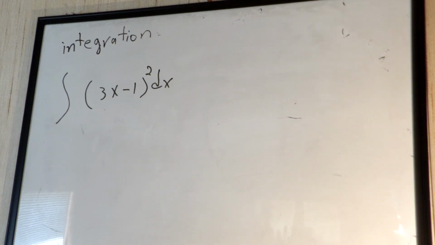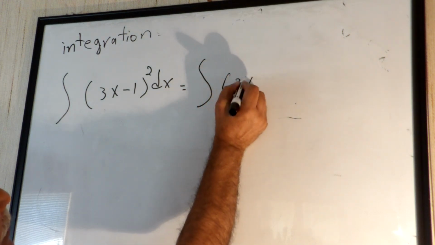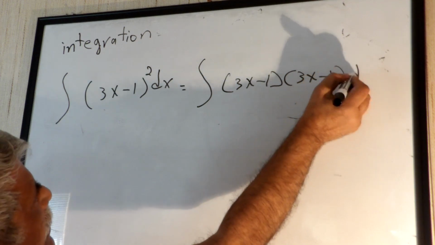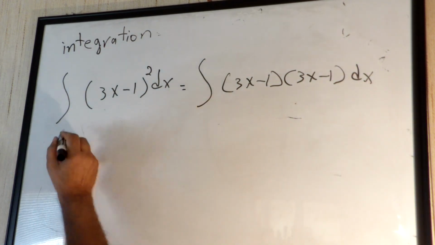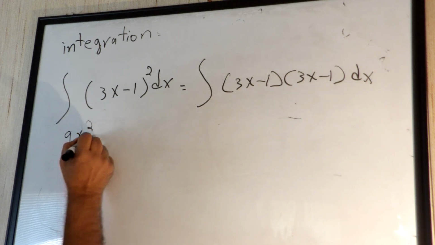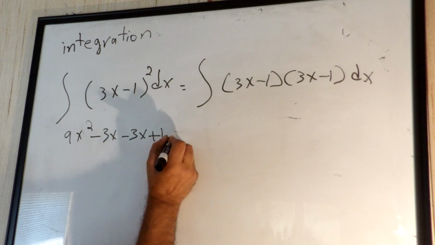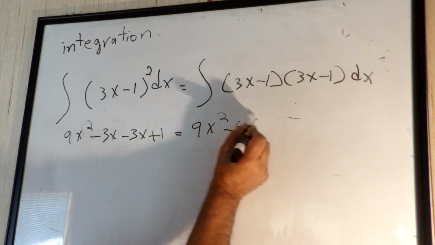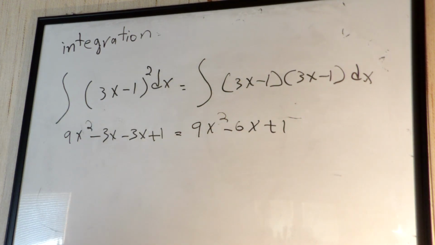It's better to write it like this: 3x minus 1 times 3x minus 1 and dx. And if you multiply these by each other, it's going to be 9x^2 minus 3x minus 3x plus 1, which is 9x^2 minus 6x plus 1. Okay? We can write it like this.